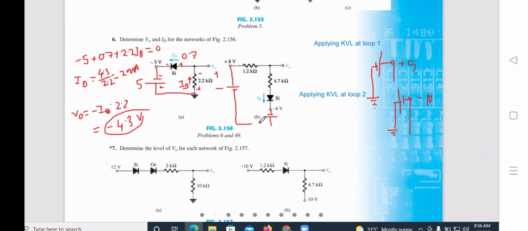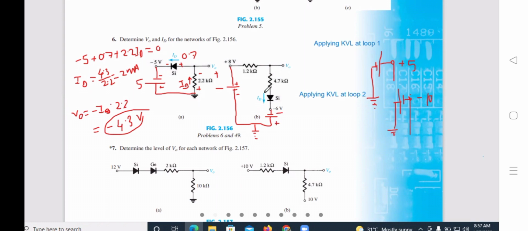So you can connect them and make ground. So this is 8 volt, plus minus. This is 6 volt, minus plus.